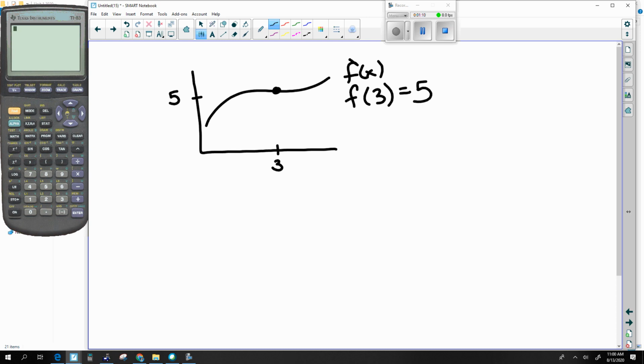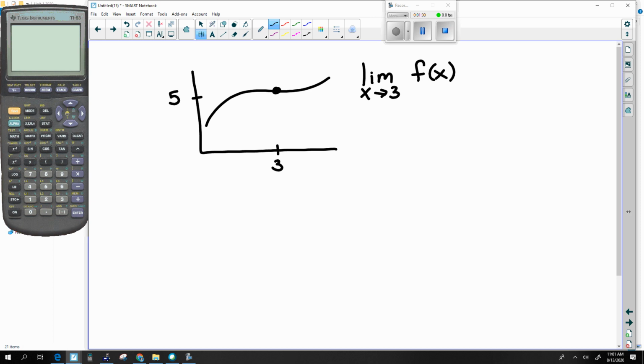Now, what happens when I want to talk about a limit? A limit is not an actual point on the graph itself. Rather, it looks like this: what is the limit as x goes to 3 of our function?